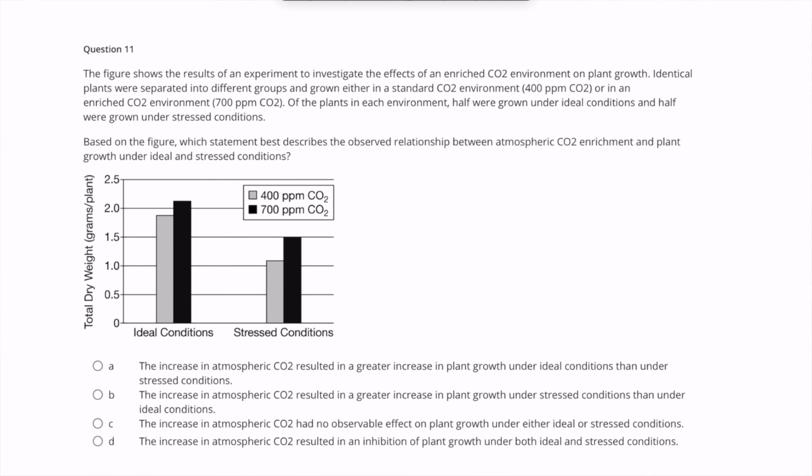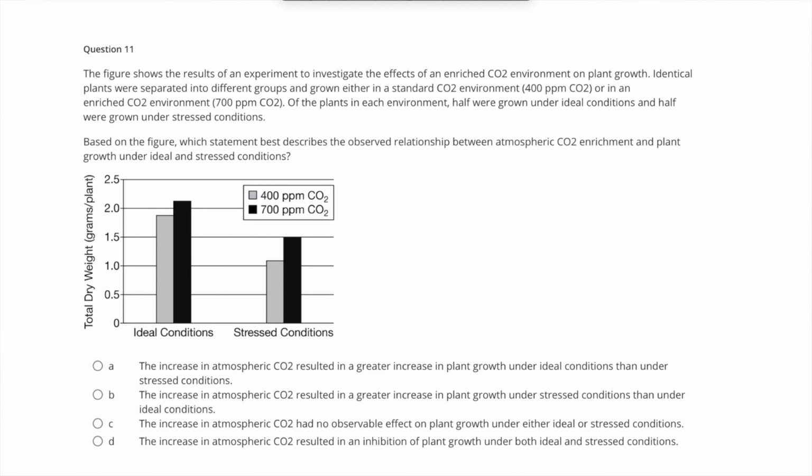The figure shows the results of an experiment to investigate the effects of an enriched CO2 environment on plant growth. Identical plants were separated into different groups and grown either on a standard CO2 environment with 400 ppm CO2 or in an enriched CO2 environment. So really the plants they're talking about, they're saying it was identical plants, but they were separated into groups.